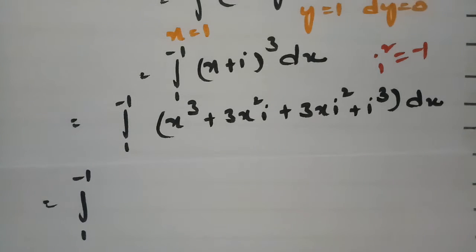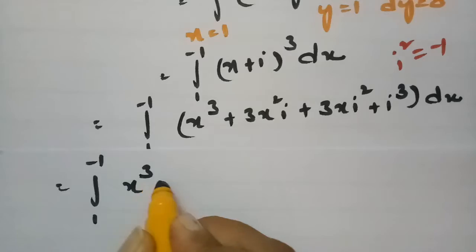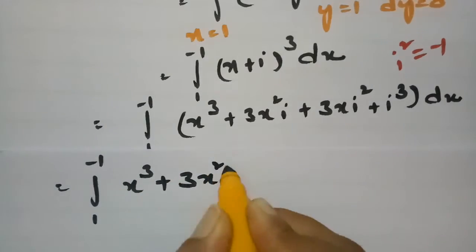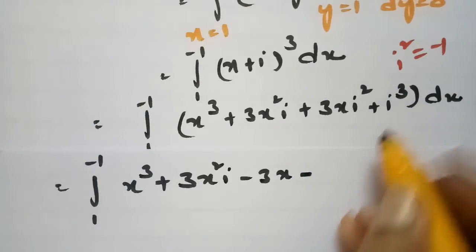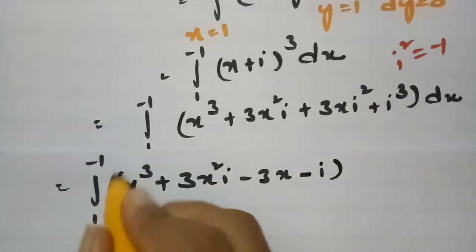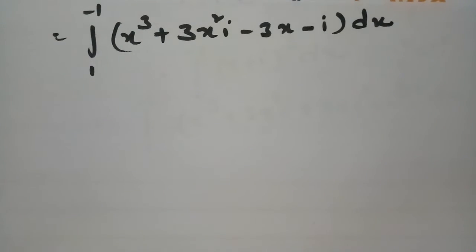If we substitute i square is equal to -1, then this will be x cube plus 3x square i square, -1, this is -3x i square, -1, so i remains, into dx. Now let us integrate with respect to x.